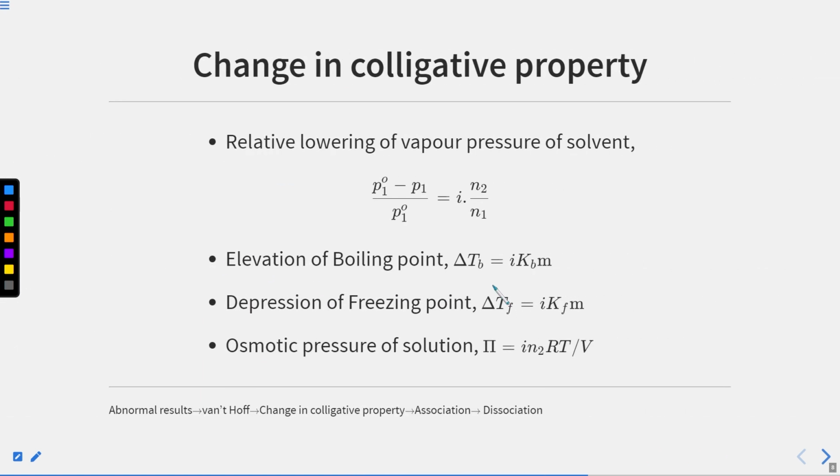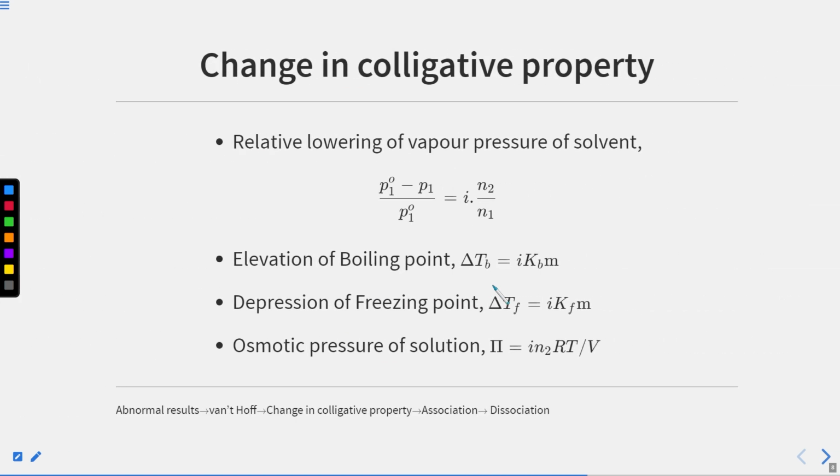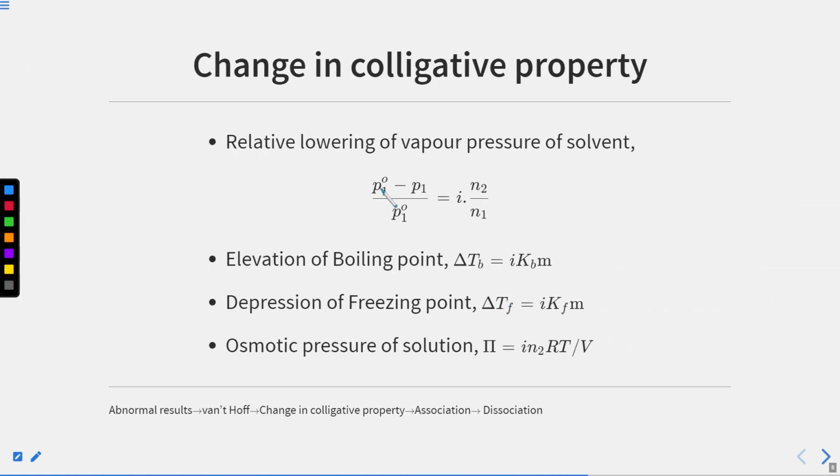Now if we see the change in colligative property, I have told you earlier that it is calculated by observed by calculated. Now we will see all these formulas modified.